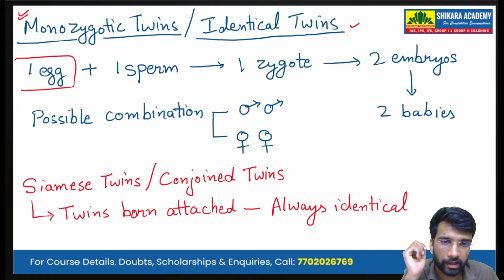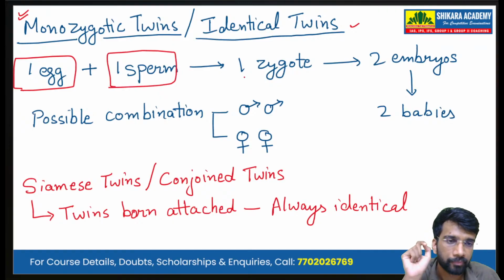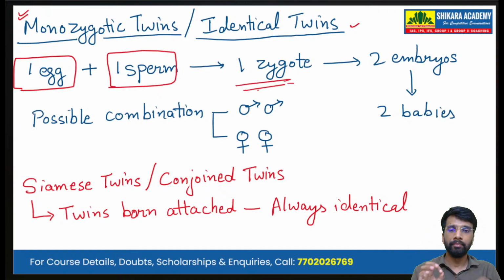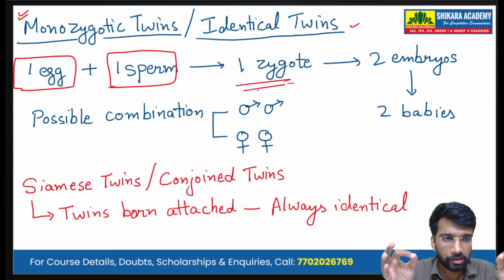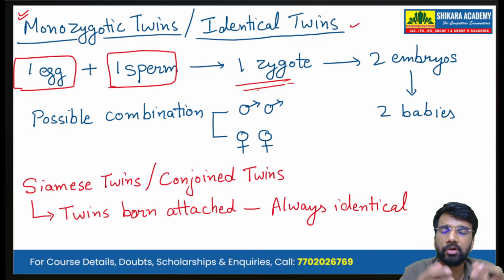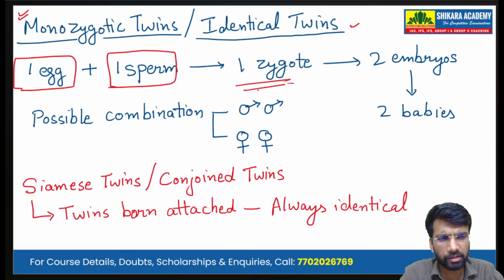So one egg from the female is fertilized by one sperm, and we get one zygote. Because of some splitting, for reasons we do not know, it is under research, this zygote splits and makes two different embryos.